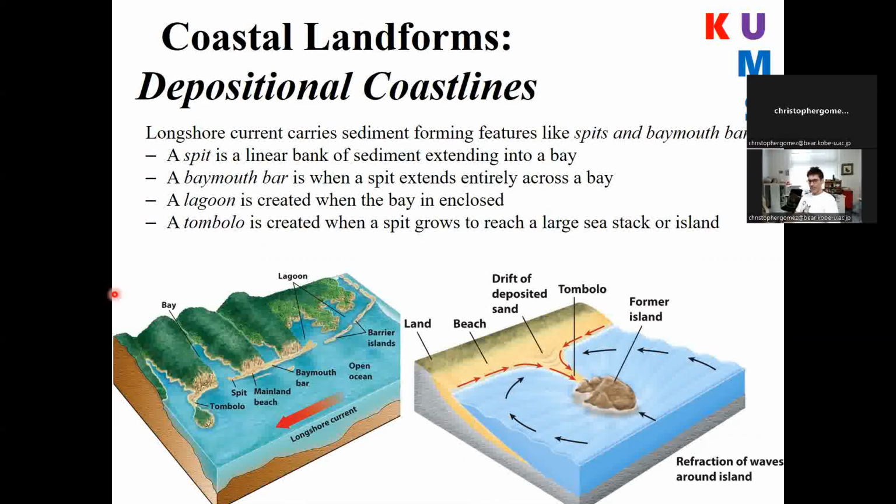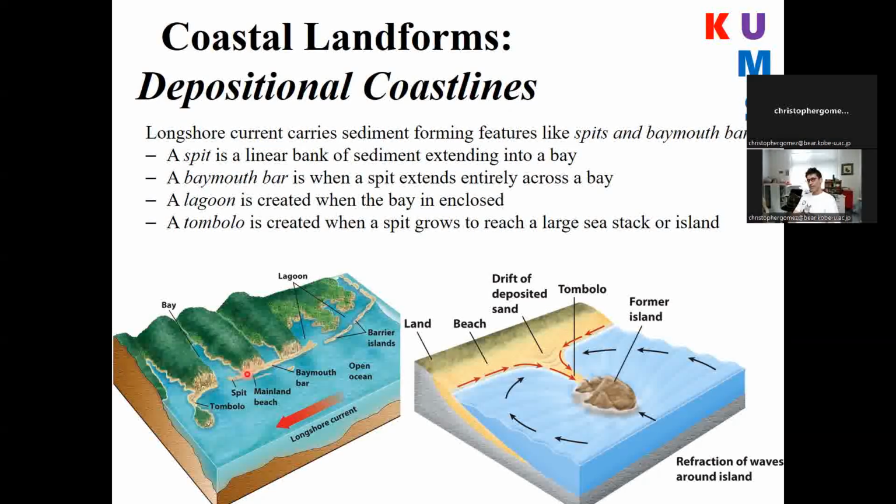So here we have some examples. We can see that's a spit here. You see that small band of land, usually made of sand, sediment, gravel, and that extends from the main beach here.